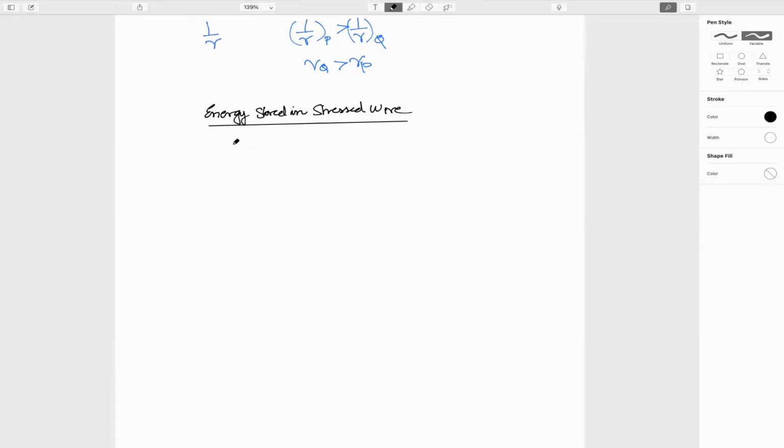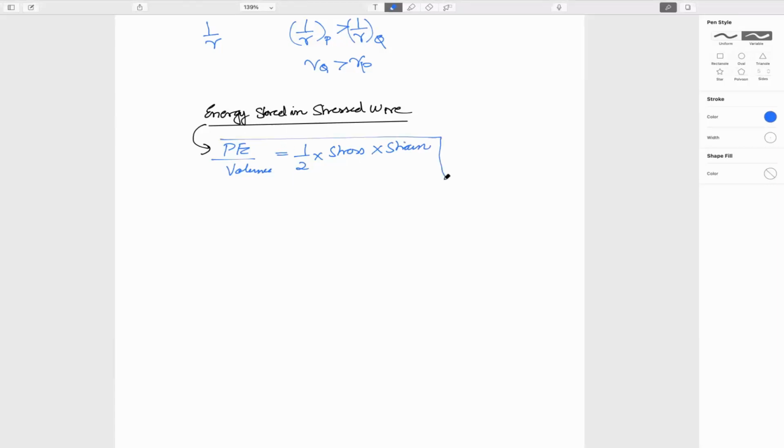The concept of energy in a stretched wire comes in because when we deform something, some potential energy is stored in it. We need to find that potential energy per unit volume, which is equal to half into stress into strain.